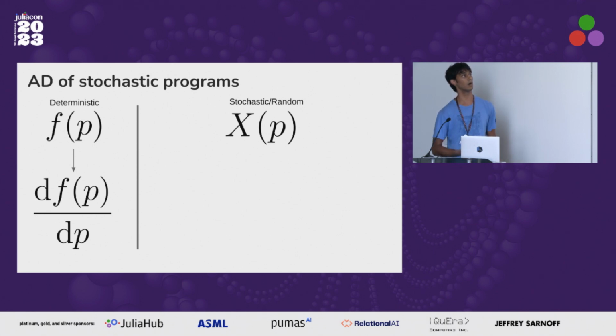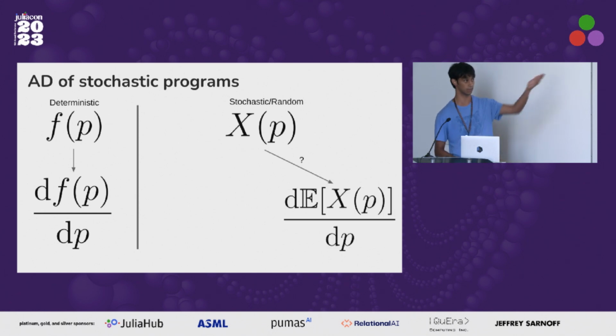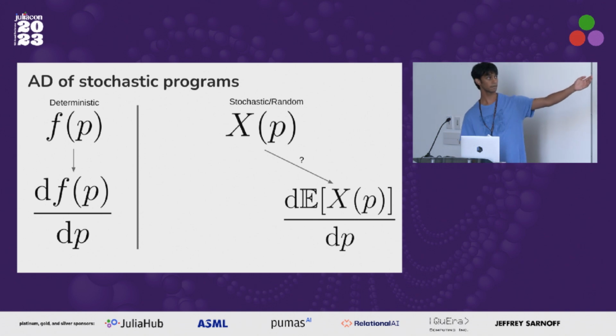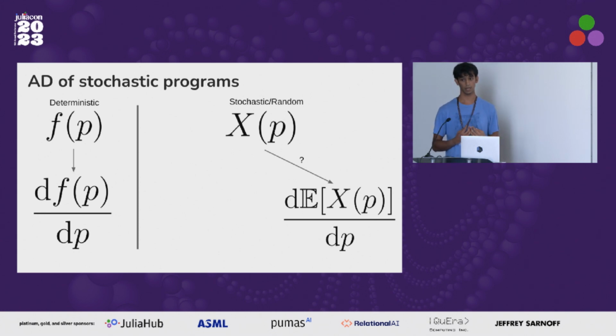And now, what might be a useful quantity we'd want to differentiate? Well, we might be interested in differentiating statistical quantities of this program. For example, its expectation. So this might be something I'd want, okay? But if I just made this the goal of my automatic differentiation tool, I'd be in a lot of trouble.